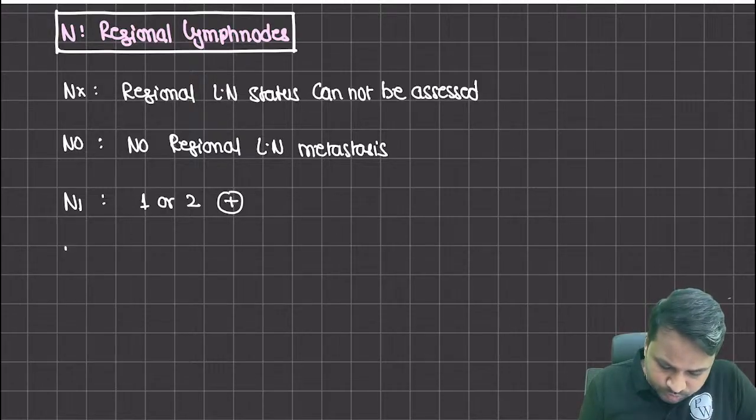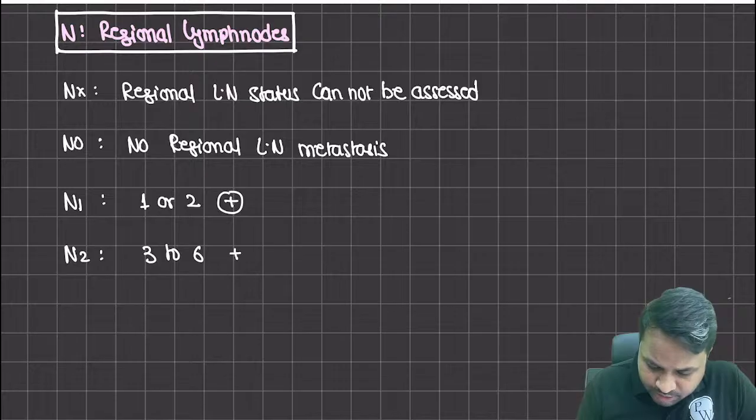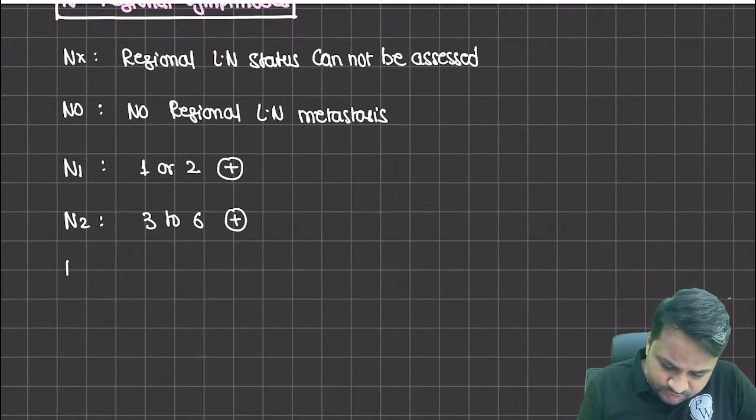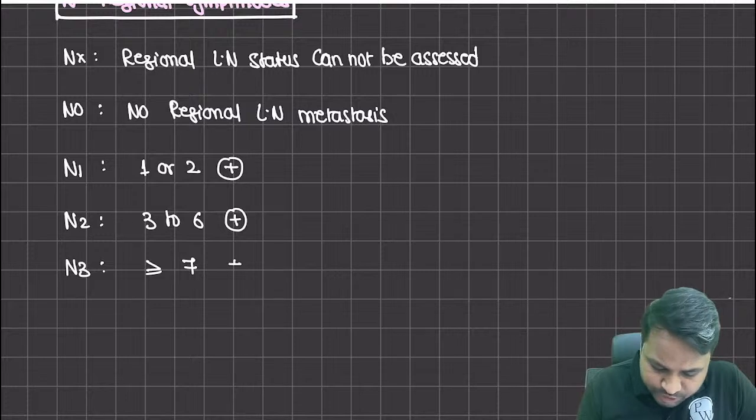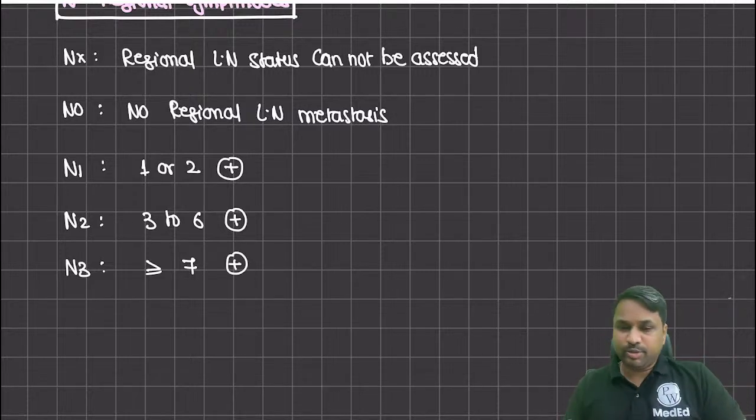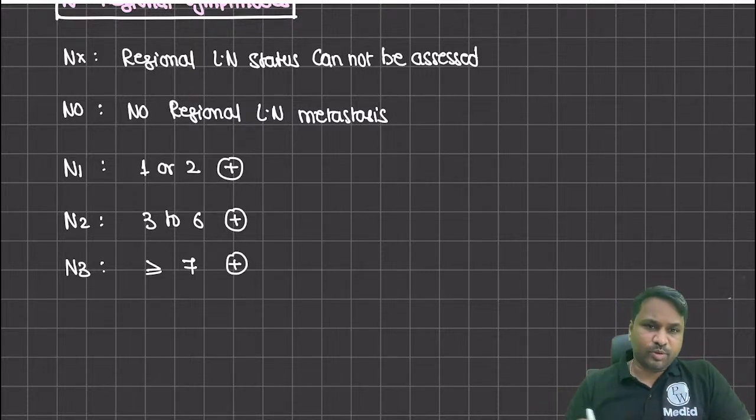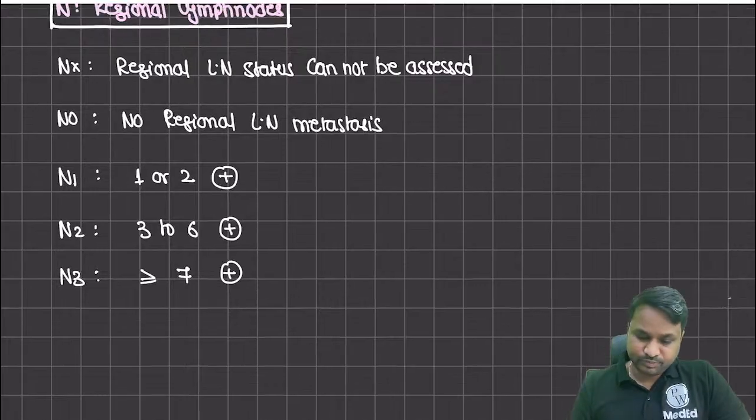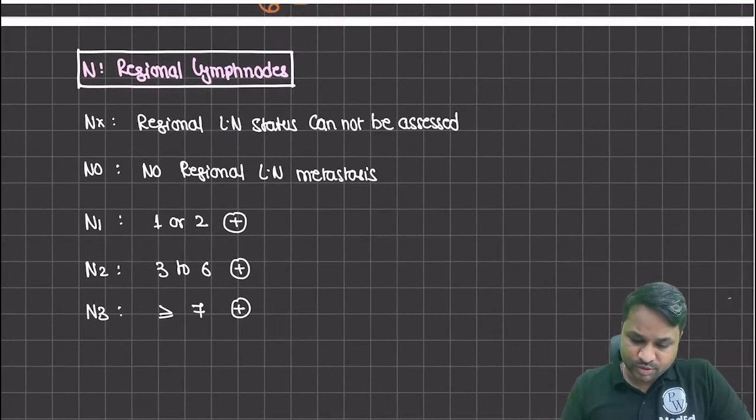In N2, 3 to 6 regional lymph nodes are positive. And N3 disease, when more than or equal to 7 regional lymph nodes are found to be positive. That is your regional lymph node status.